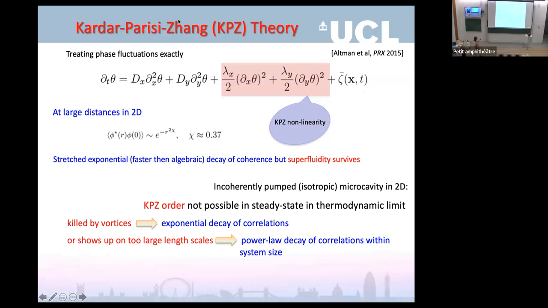So if you limit a system to a small size, smaller than the distance between these vortices, then it appears that we still see power-law decay of correlation for that system size. So the length scale for vortices is actually smaller than the length scale for KPZ. So that's a kind of answer, but I will explain why that's the case.